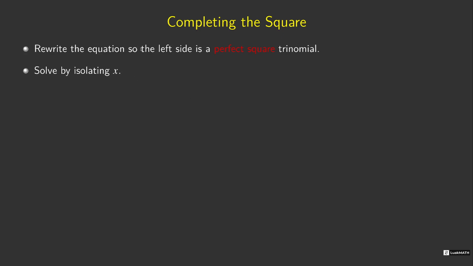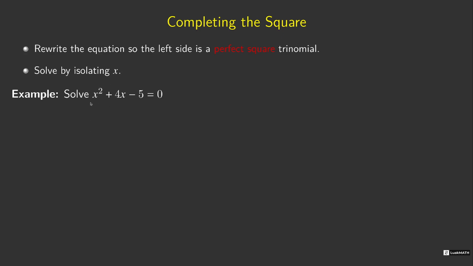Okay, and so the procedure is just to write the left hand side of the equation as a perfect square trinomial. Now, I'll show you what a perfect square is in a moment, but basically we write the quadratic equation as a polynomial that has 3 terms, and then we just isolate for x.